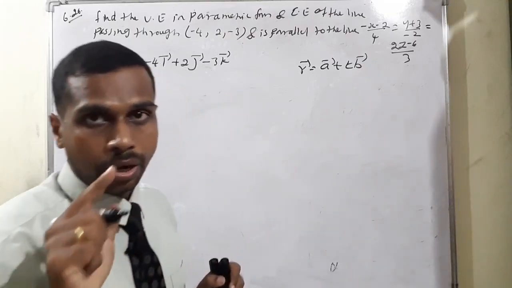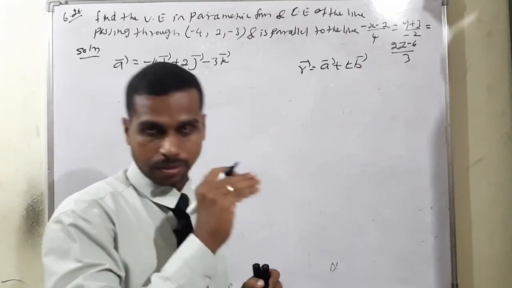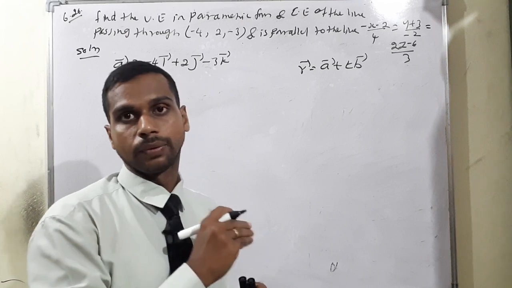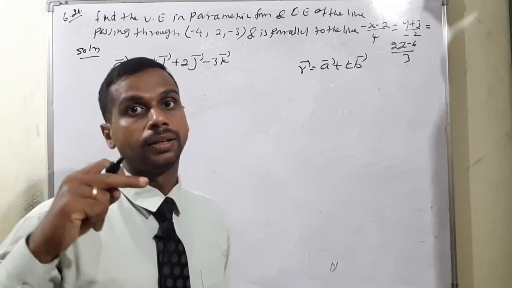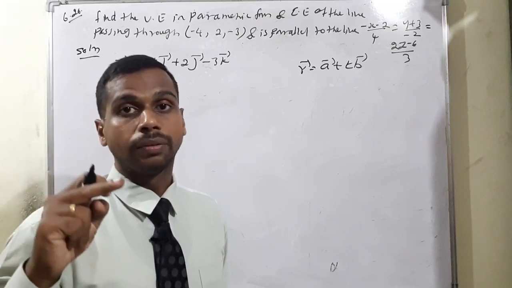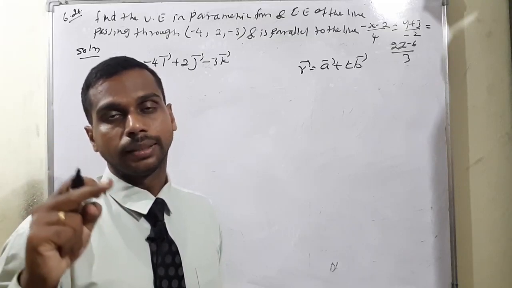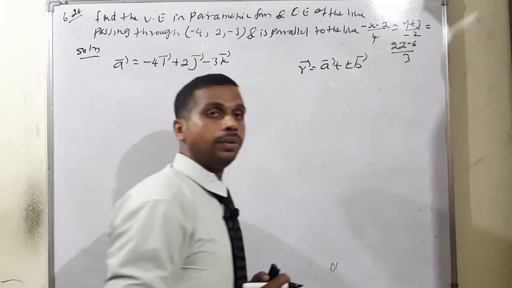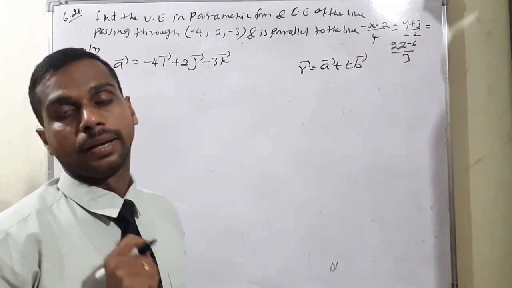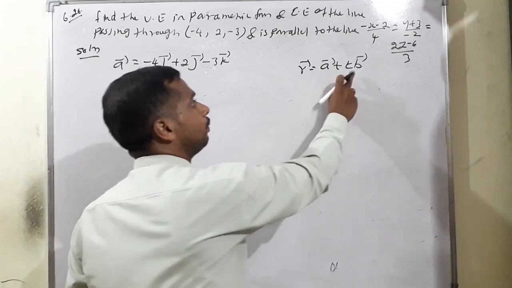We have written the formula in many previous problems and theorems: (x minus x1) divided by b1 is equal to (y minus y1) divided by b2 is equal to (z minus z1) divided by b3. Therefore, only the denominator values matter for the parallel line, so we need to find B.